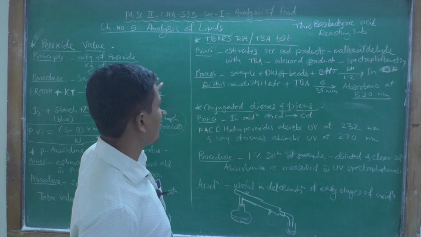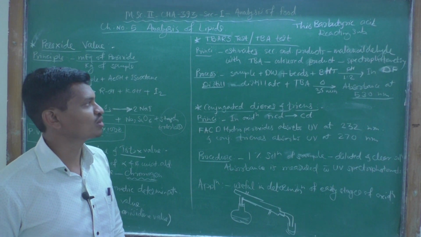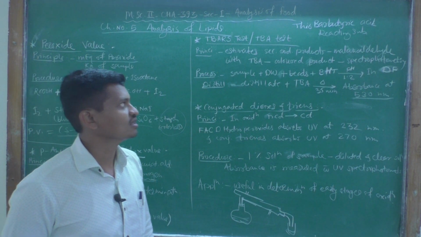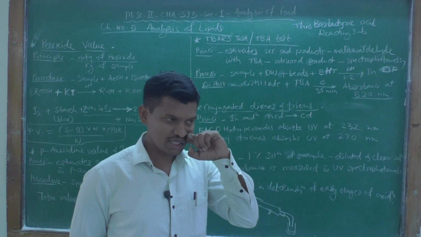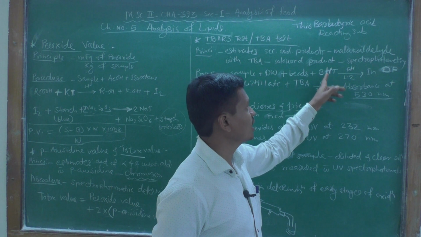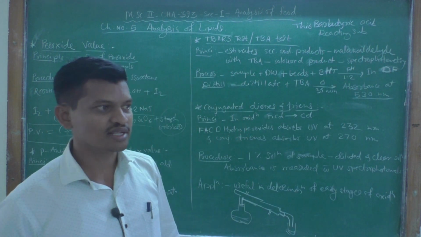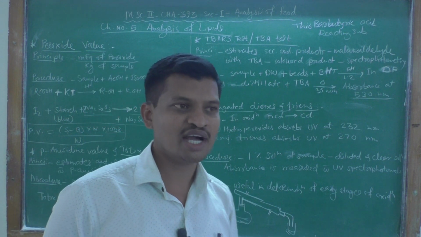So this is the procedure for obtaining the TBARS test, or TBA test. This method is used for the determination of particularly malonaldehyde, and this reaction is done with TBA, that is thiobarbituric acid.